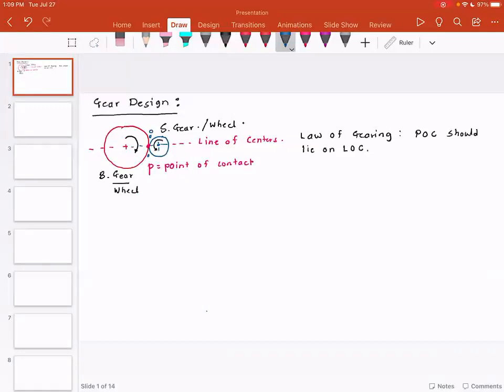Now, we talked about this in last class. If I were to show you the force, the arrows show the normal reaction.